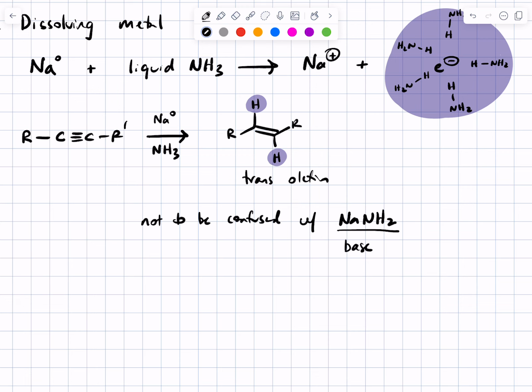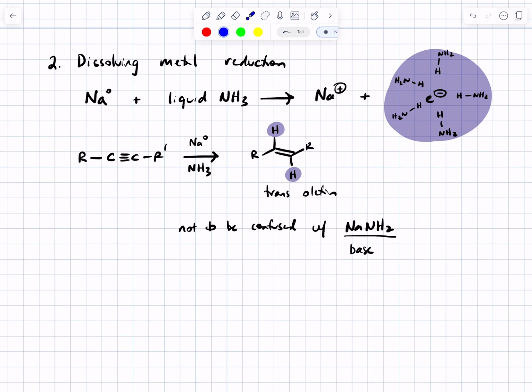So there's a potential source of confusion here. You're going to have to find a way to remember. I'm warning you now. People do it all the time, so I'm just warning you in advance. You're going to have to find a way of separating in your mind the dissolving metal reduction from the use of NaNH2 as a base.